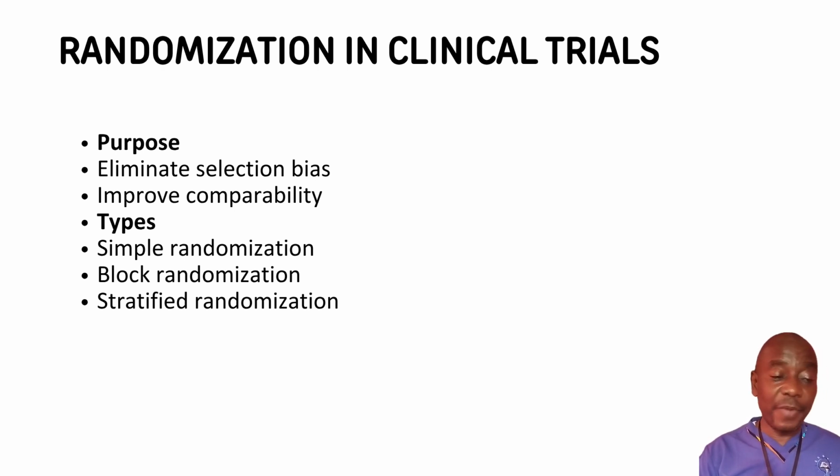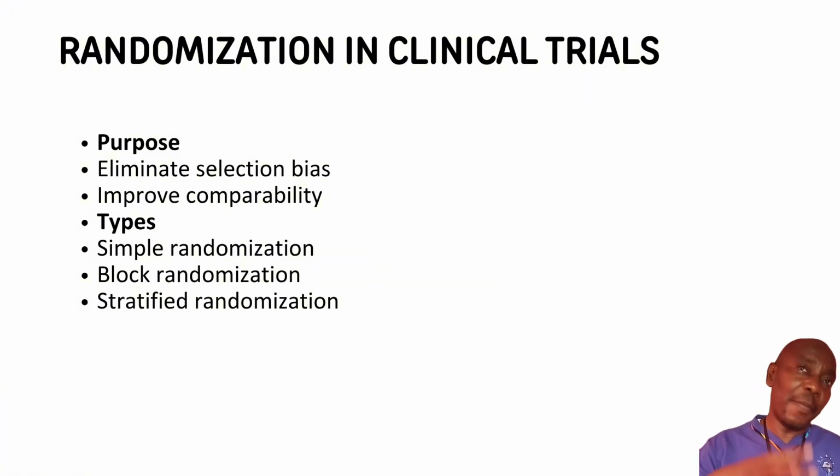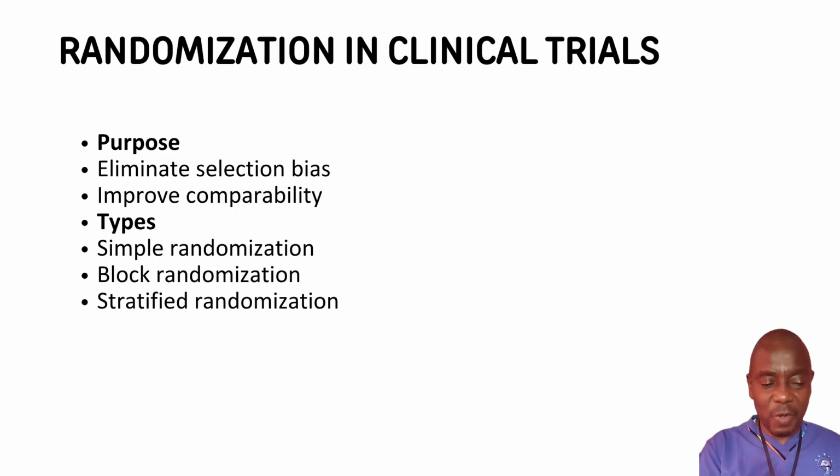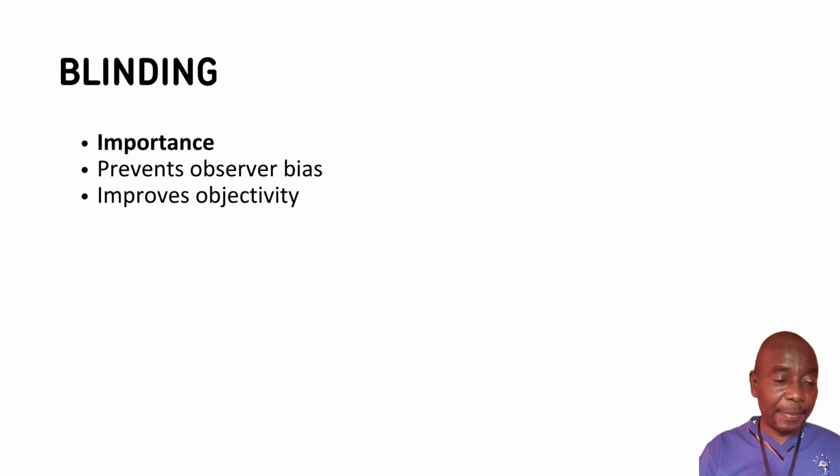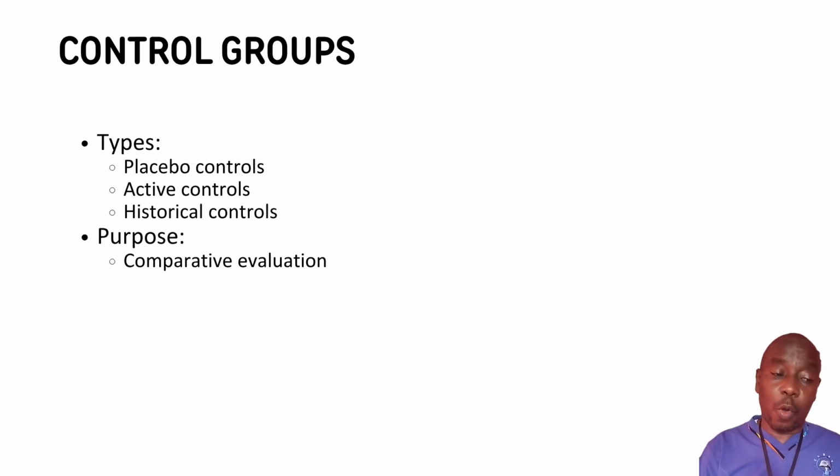Randomization in clinical trials eliminates selection bias and improves comparability. We have simple randomization, block randomization, stratified randomization. Because of our time, we may not be able to explain how all of this plays out, but we can look at how these randomizations can be done in the RCT design. Control groups can be placebo control, active control, or historical control, and the purpose is for good comparative evaluation between the interventions that we have on ground.